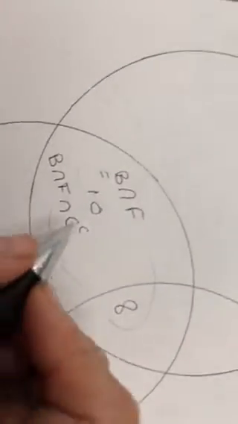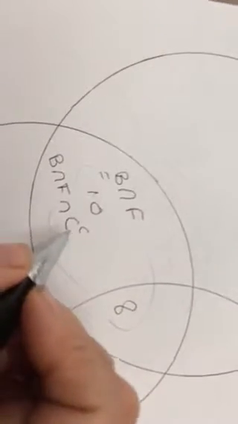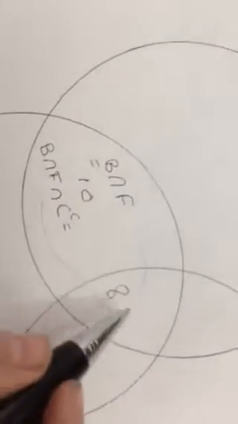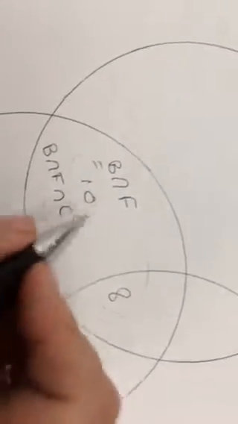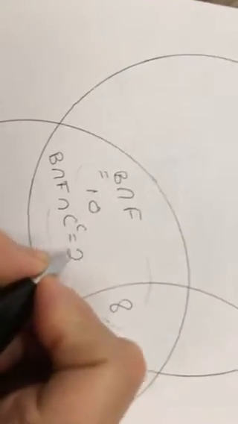And what that means is those individuals that are not in the group cats. So birds and fish and not cats. We got 10 in this section, we got 8 in this section. The difference between these two, what's left over, is 2.